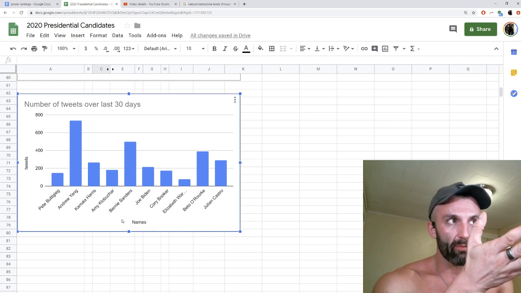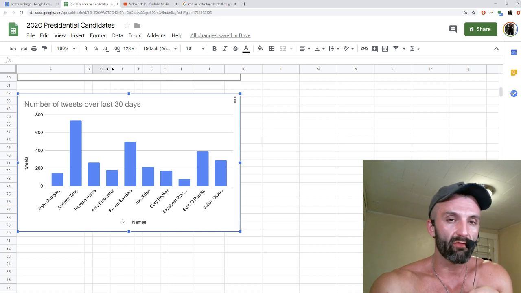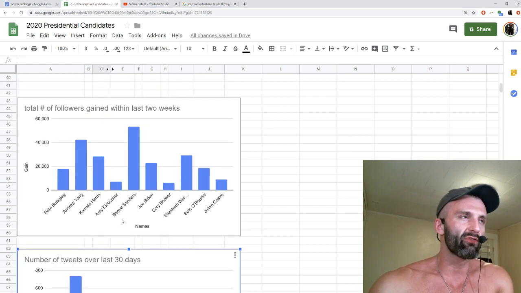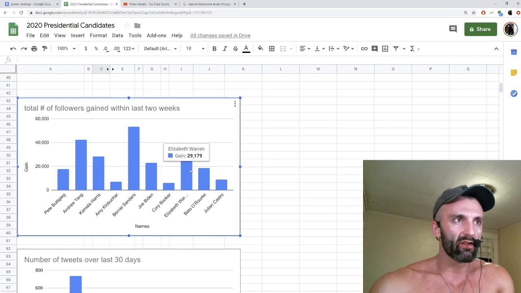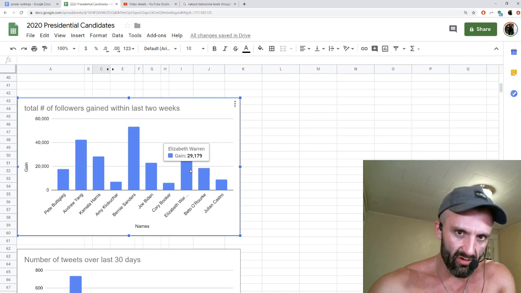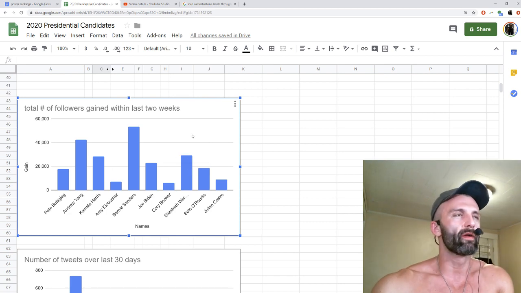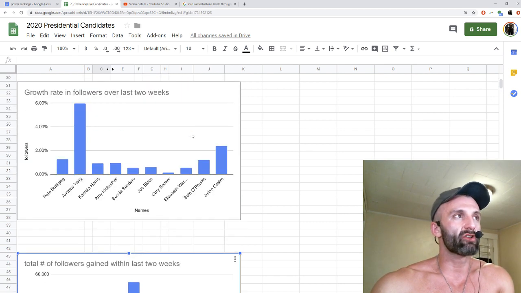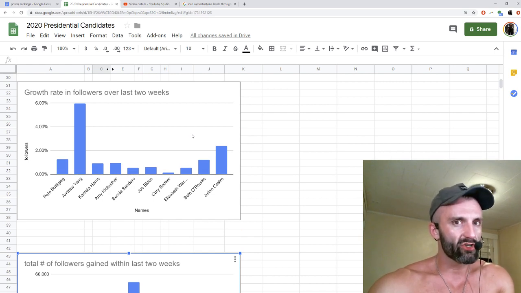So this appears to explain some of the growth, but clearly there are other factors involved here because she is growing in spite of having virtually no output in terms of the creative that she's putting on Twitter. We didn't actually look at that. So next we're going to look at the growth rate, and we're going to touch on the absolute number of followers for each one of these people.